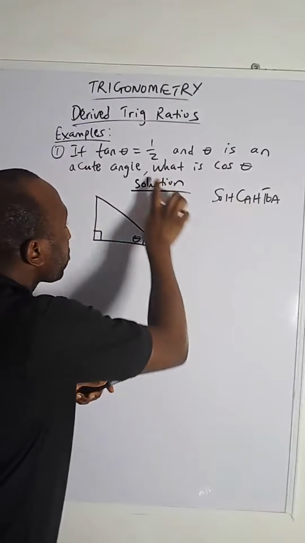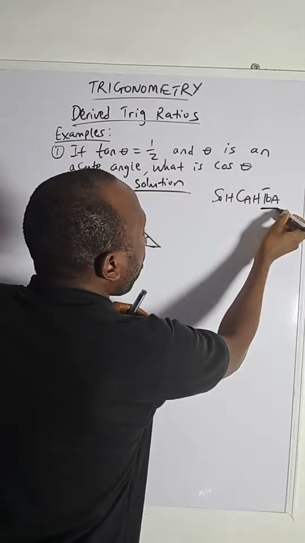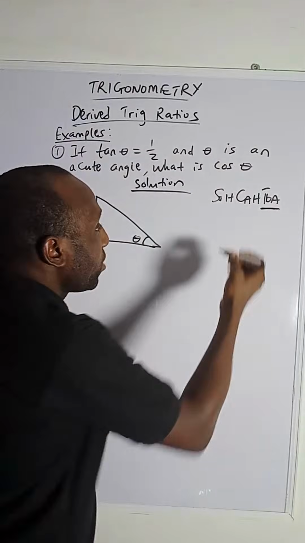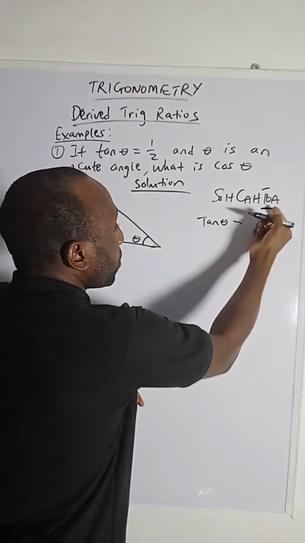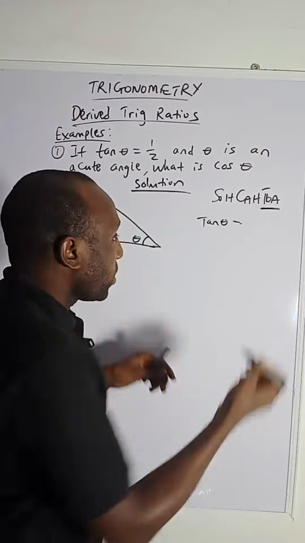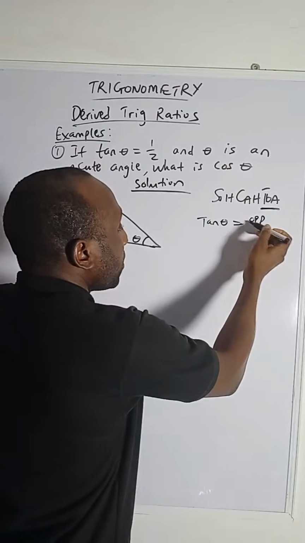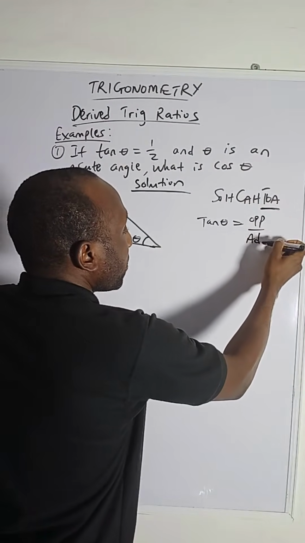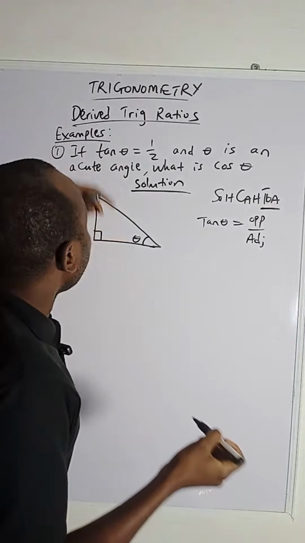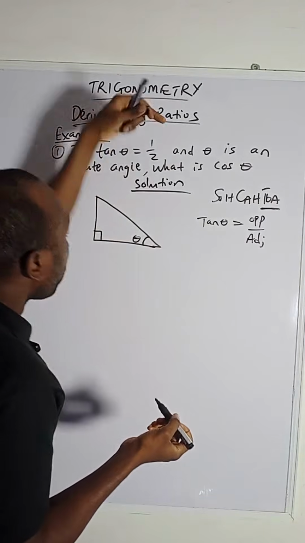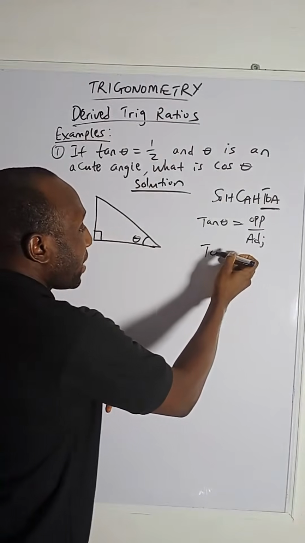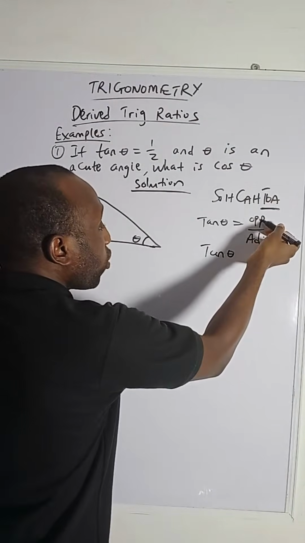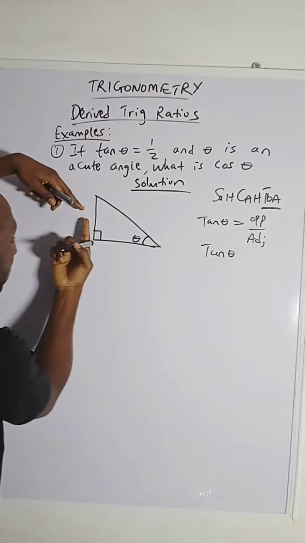So if tan theta is 1/2, I'm going to be using this tan. So tan theta is what? O stands for opposite, so OPP for opposite, and then A for adjacent. They gave us tan theta as 1/2. And what is tan? Opposite over adjacent.